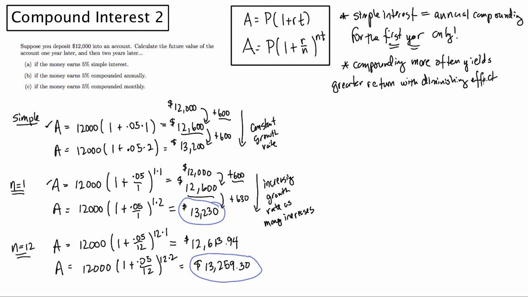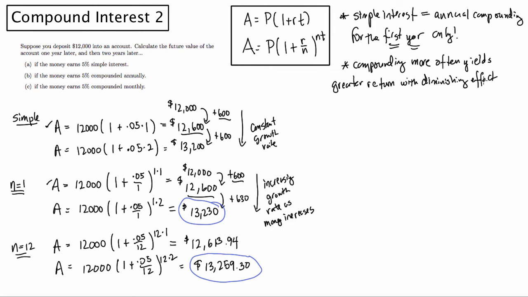And what I mean by that is, yes, compounding more often will yield you a larger return, but the difference between 1 and 12 is more substantial than the difference between 12 and doing daily, which is 365. The larger your end value is, the less of a return you get, but you do get a positive return. So the more often you compound, the greater the return, but with diminishing effect.